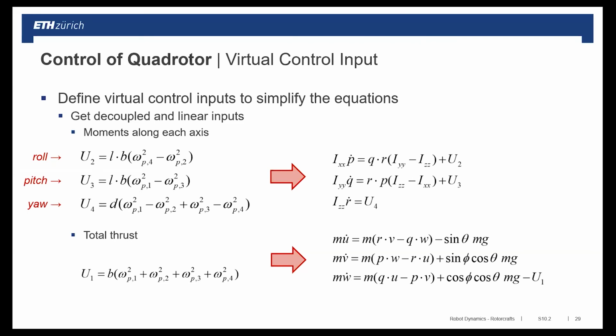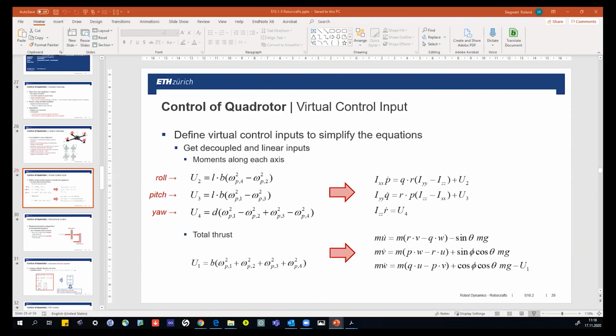You can see here, this is the same equations as on the other side, just u is then defined by the difference between the different rotational speeds, and it's the same for pitch and yaw. In principle, this is quite simple. It sounds like something very fancy, but it's just to simplify the equations somewhat. And you can do this because this whole system is largely decoupled.